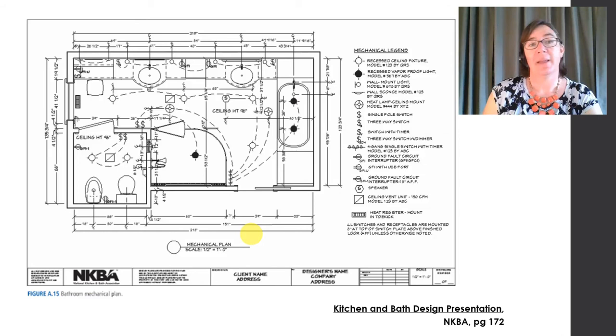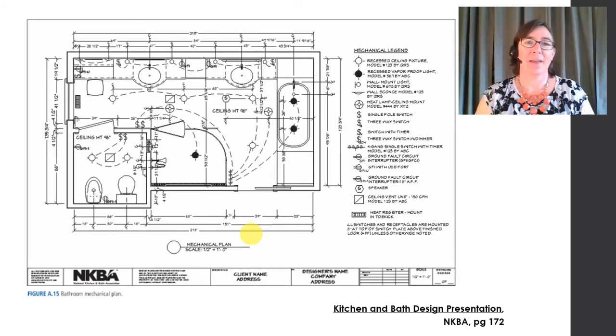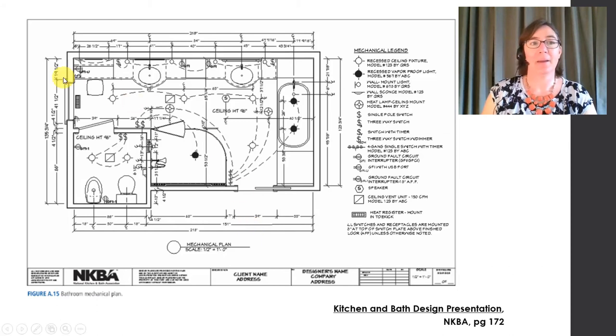So let's take a look at this plan again now that you've had a chance to learn about what should be on a mechanical plan. Let's take a look at the dimensions. You see that there's a string of dimensions across the top, and the closest one here is locating these items.